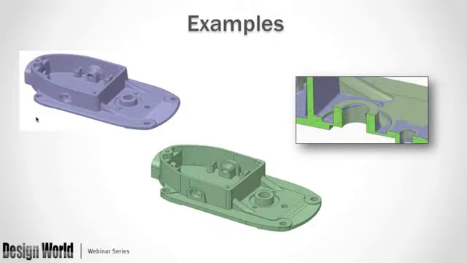So on screen, very quickly, I'll just show a few examples. These are the types of designs that you can do. And you see the pull-out here that you have the scan data and a cross-section over top of the solid geometry.